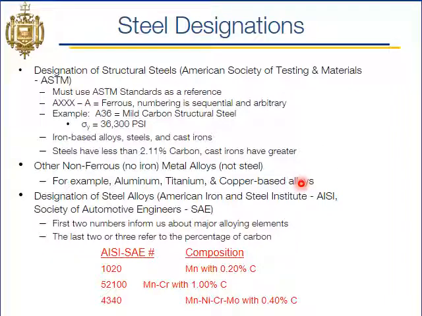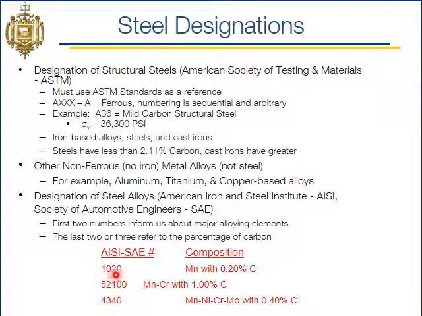There's also the American Society of Automotive Engineers, and they have their own designation system. So in the SAE setup, the first two numbers tell you what the main alloying element is, so you don't have to know these off the top of your head. Just know that those first two tell you what the main element is, and then the last two tell you the amount of carbon in it.